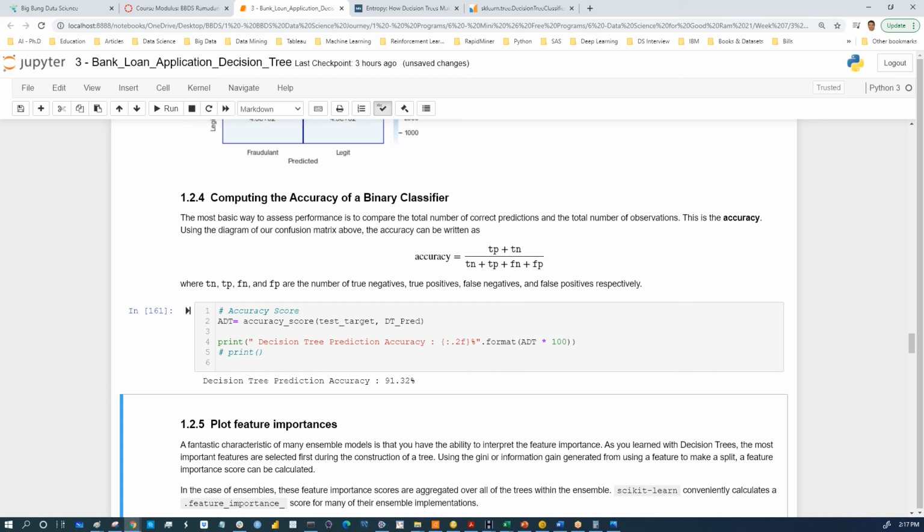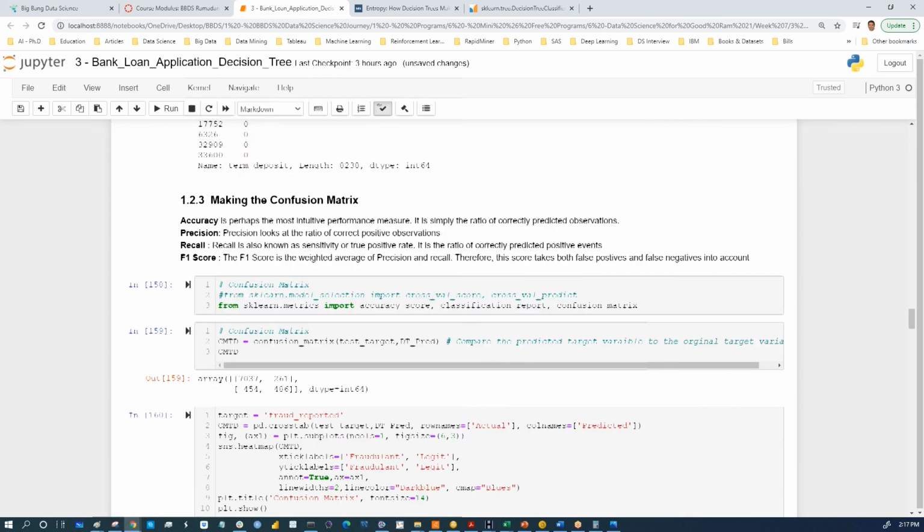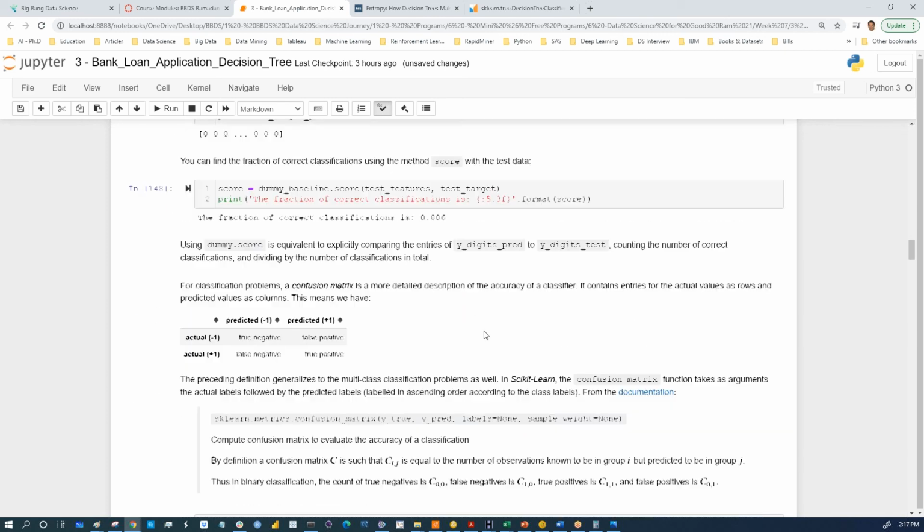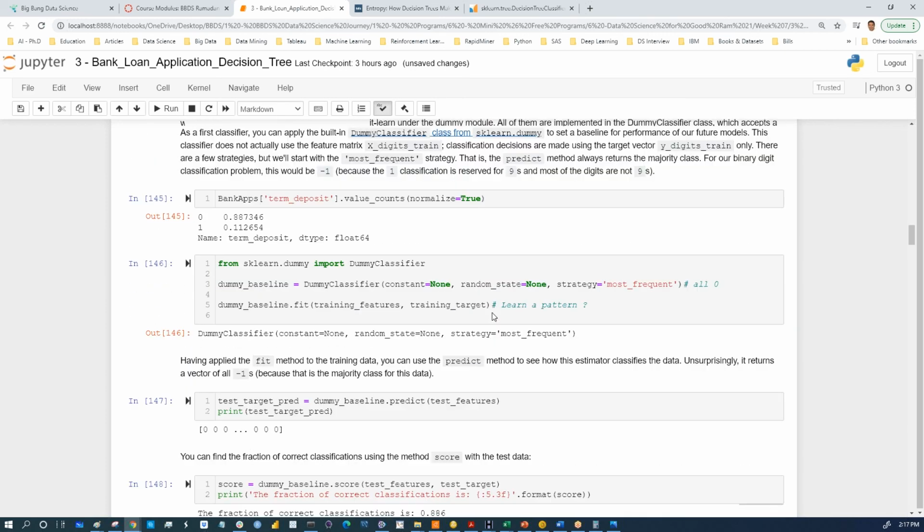Yeah, I think the Gini index is a little better than the entropy. The entropy is 91.31, and the Gini is 91.32. So every small fraction could make a huge difference in prediction. Okay?